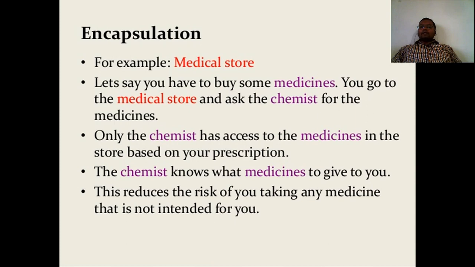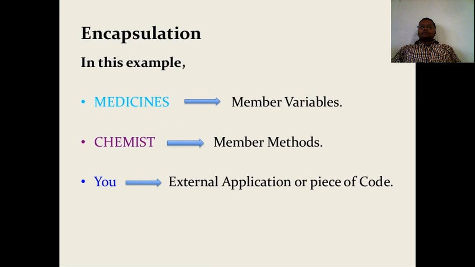This reduces the risk of you taking any medicine that is not intended for you, because it will be given according to the prescription. In this example, medicine is considered to be a member variable, the chemist is considered to be a member method, and you are considered to be an external application or a piece of code. That is the meaning of encapsulation.